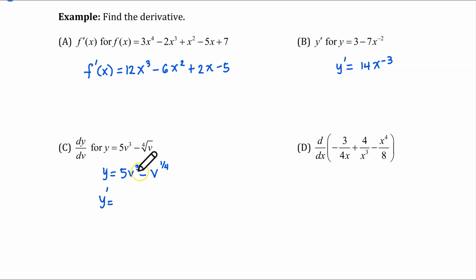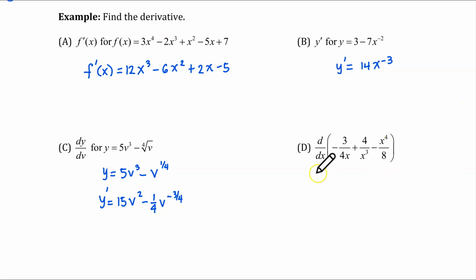So differentiating each term, you have 3 times 5, which is 15. And then copy v, subtract 1 from the power here. So 3 minus 1 is 2. And then minus, you bring down 1/4. So you have 1/4 v to the 1/4 minus 1, which is negative 3/4.